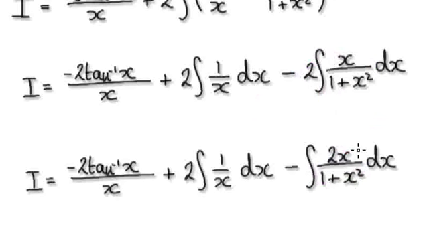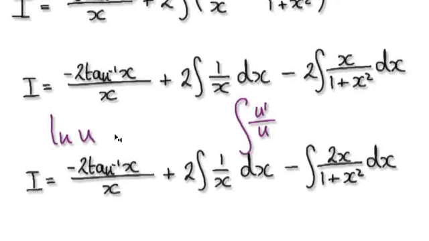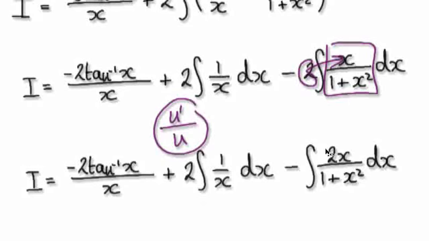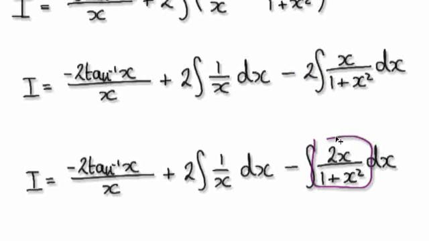So really, this here is in the form of u prime over u. Well, if you integrate this, it will give you the natural log of u. So when you come to integrate, try to keep an eye out for something being the exact derivative of another thing. So here, push the 2 back in here, then you will get to this.